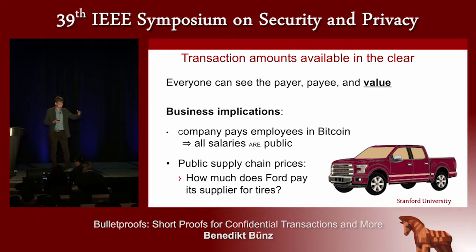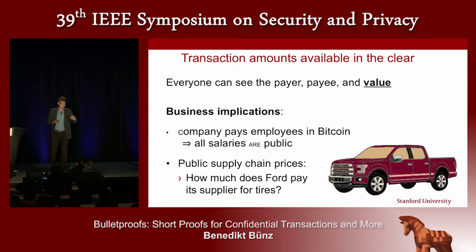The problem with a Bitcoin transaction is that the transaction amounts are available in the clear. So what does that mean? There's also other information like the payer and the payee that are available. But what does this mean? It means that if I receive my salary in Bitcoin, then everybody can see what my salary is.